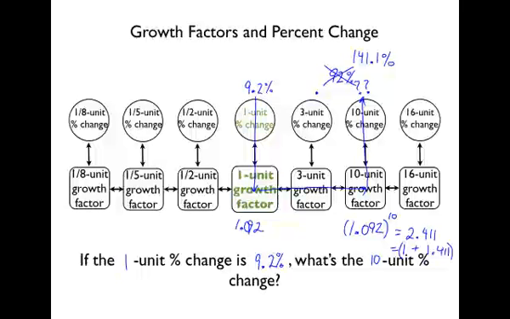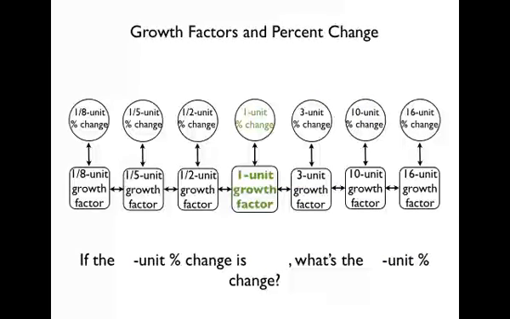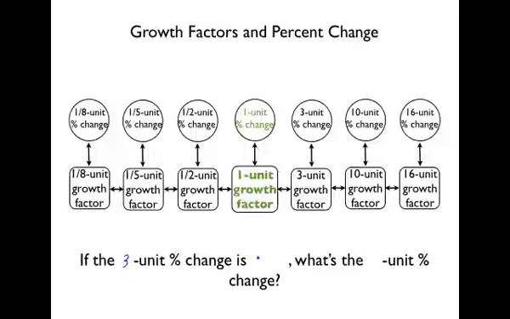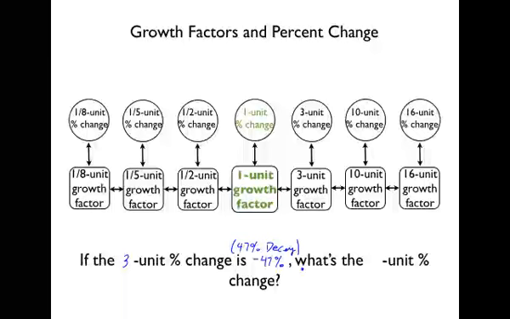Okay, another practice problem. Let's do a harder one. Any questions on this? All right, this is good stuff. Here we go. If the 3 unit percent change is negative 47%, this is decay, right? That's all the negative means. It means 47% decay every 3 units.